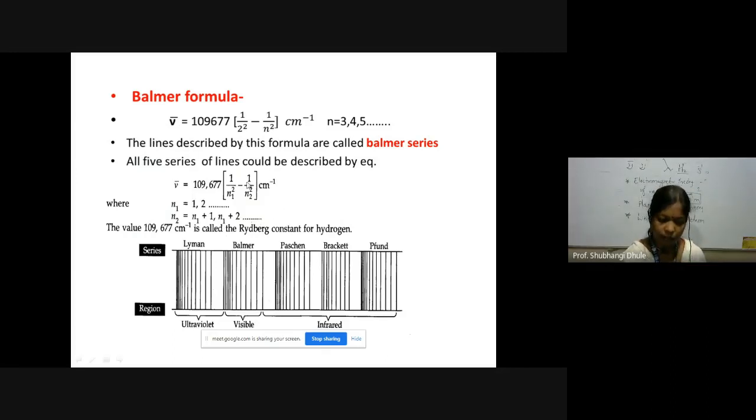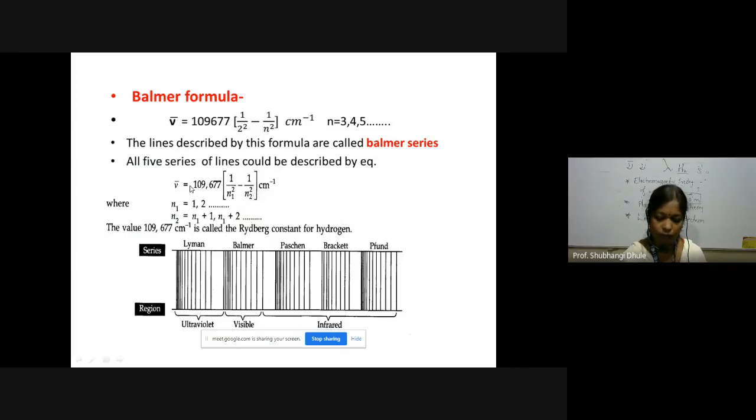all these lines into one single formula. This formula for all the lines in all the regions is given by nu bar, the wave number: nu bar is equal to 109677 times the bracket 1 upon n1 square minus 1 upon n2 square, per centimeter.